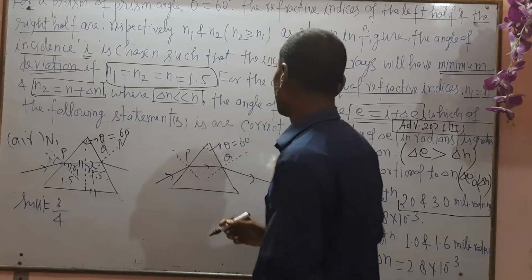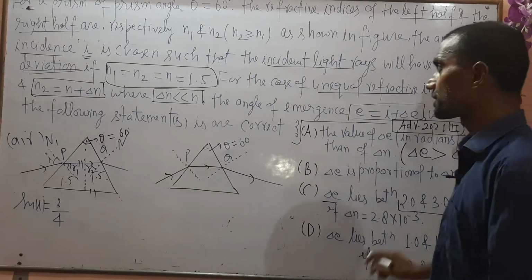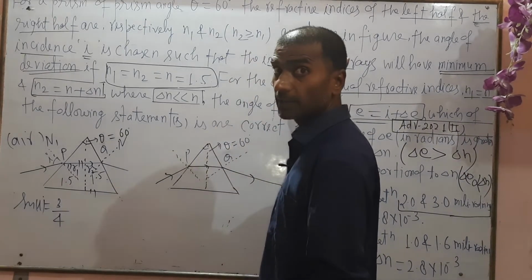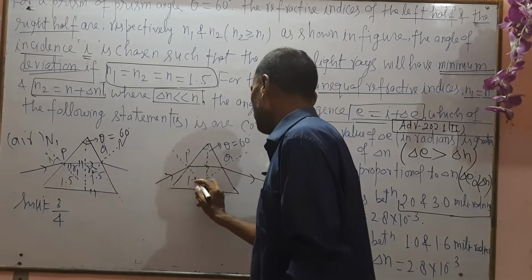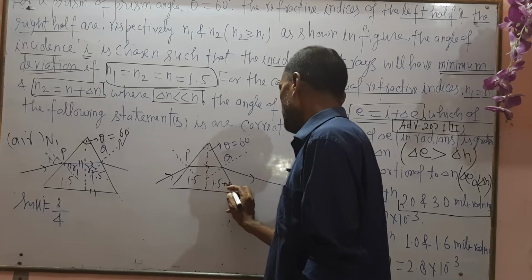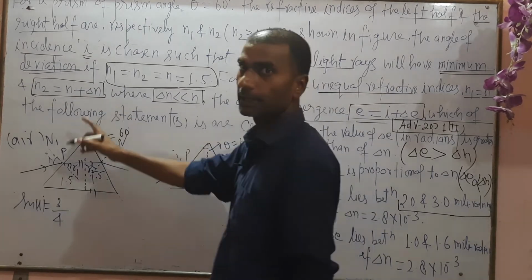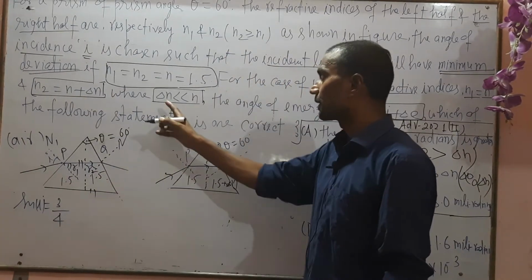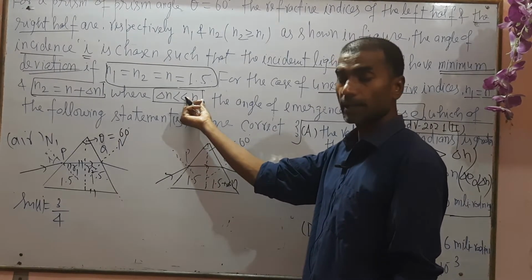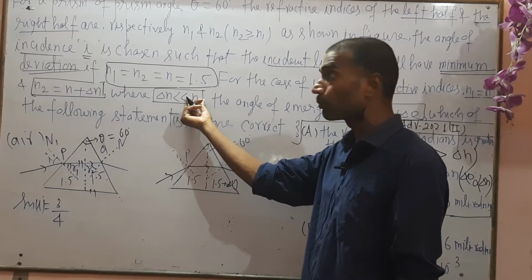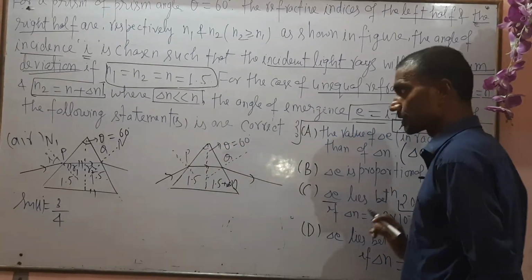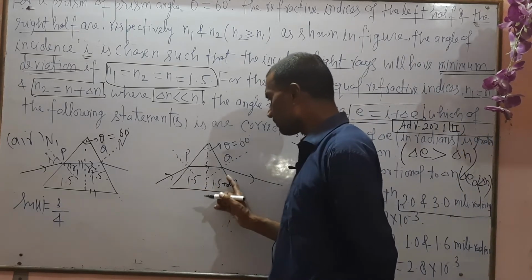The condition is also given for the case of unequal refractive indices. What will be the left half condition? This is n1 equal to 1.5, and this is the n2 portion, n2 equal to 1.5 plus delta n.